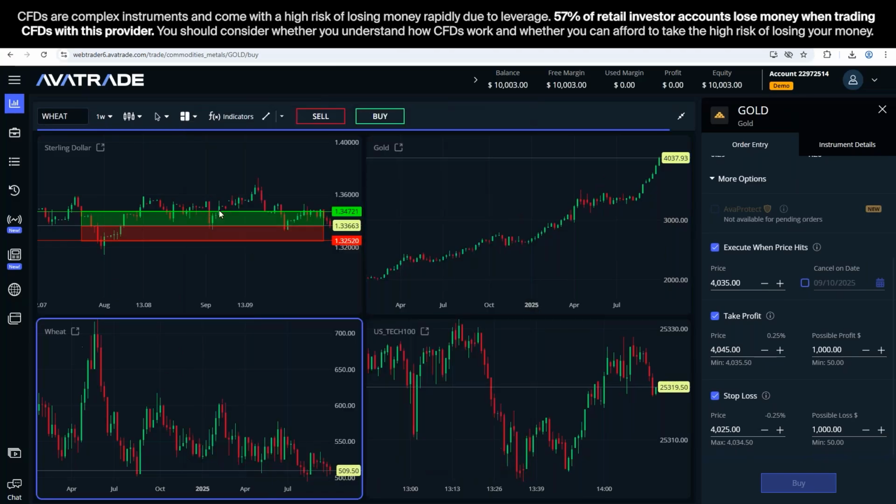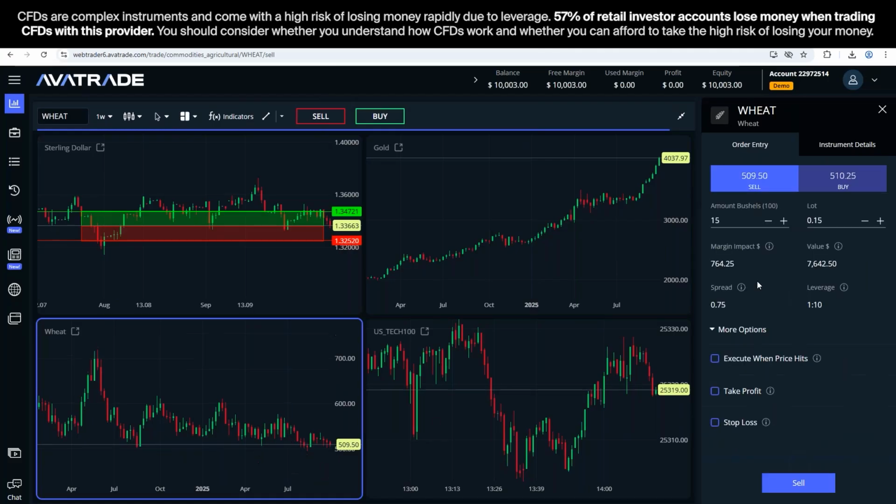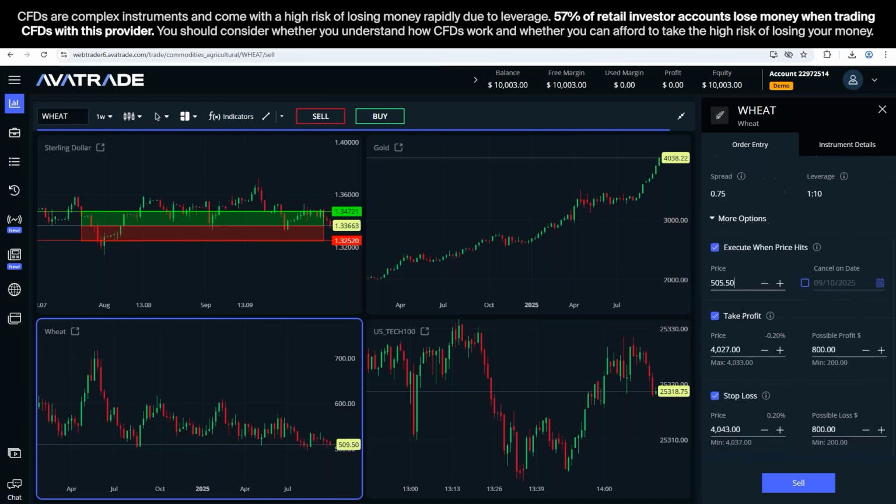The third thing we're going to look at will be wheat. Click here. Wheat seems bearish, so we're going to go this time with a sell. Again, one lot. We're going to click on take profit, stop loss, execute when price hits. We'll keep it as 505 as a flat entry.